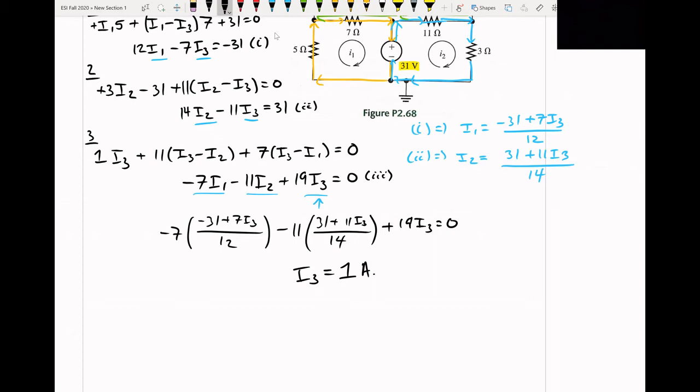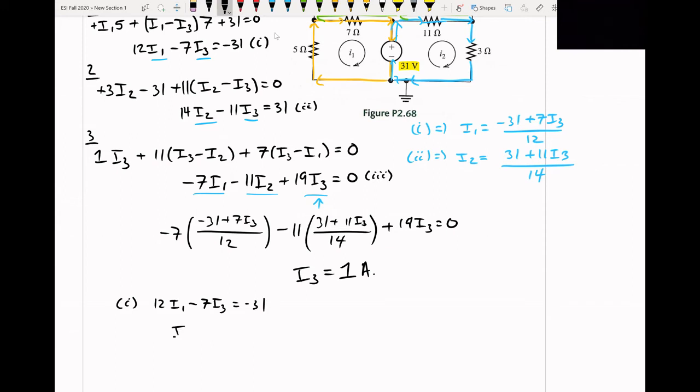Now that we know that I3 is equal to 1 amp, if we go to equation 1, we can see that 12I1 minus 7I3 will be equal to negative 31.